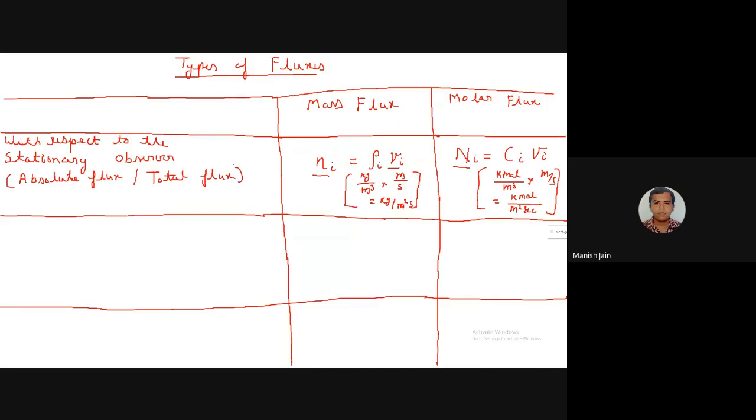With respect to the observer moving with the mass average velocity, that is called the relative or diffusive flux.